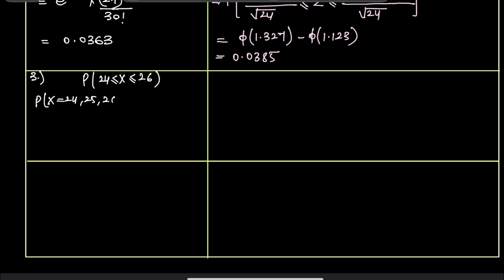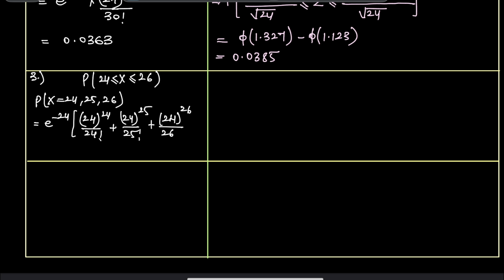For this we will write e raised to the power minus 24 as common, and then 24 raised to the power 24 over 24 factorial plus 24 raised to the power 25 over 25 factorial plus 24 raised to the power 26 over 26 factorial. Close the brackets. By using a calculator, we can get the final answer as 0.231.